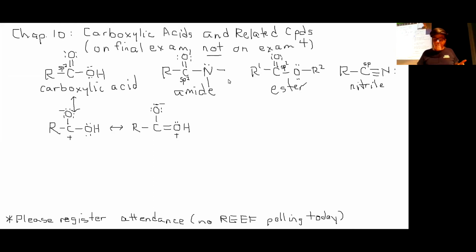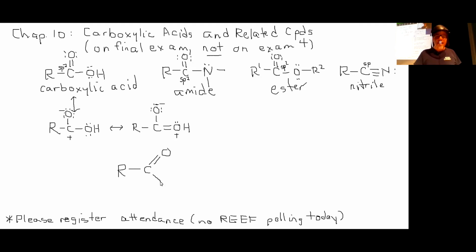We already went over how they're less reactive towards nucleophiles than aldehydes and ketones, and we explained why that is. Another feature of carboxylic acids that's kind of cool is, especially if R is relatively small, 1, 2, 3, 4, maybe 5 carbons, something like this.